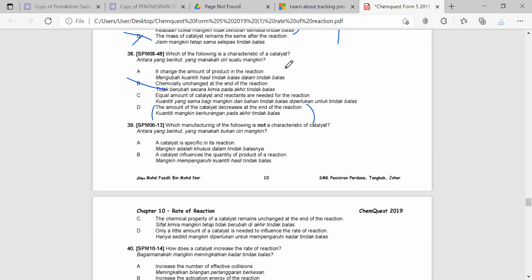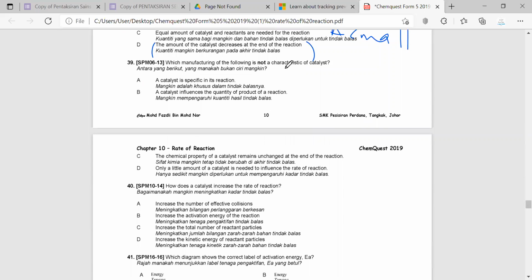Catalyst same from the beginning to the end. Okay, and then no such thing as 5 gram reactant, 5 gram catalyst. No, I only need a small amount of catalyst, a little bit only. Okay, I told you just now, cannot change the amount of product. B is betul. Okay, 39.